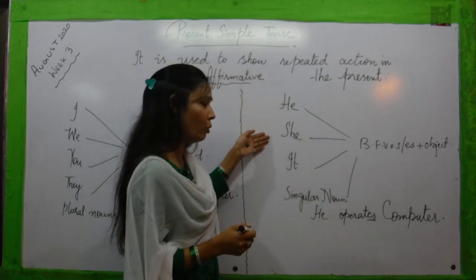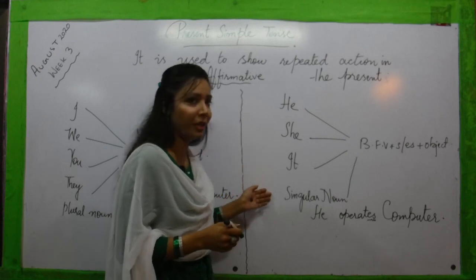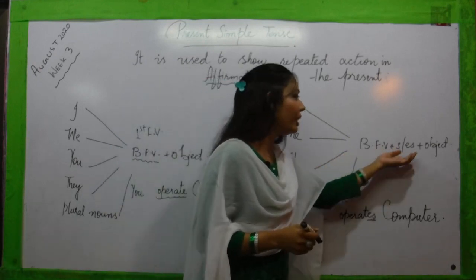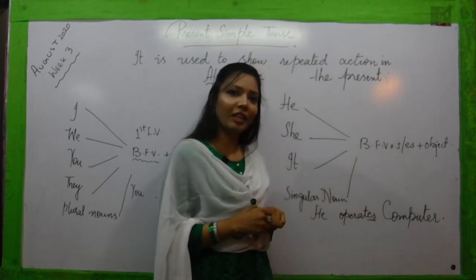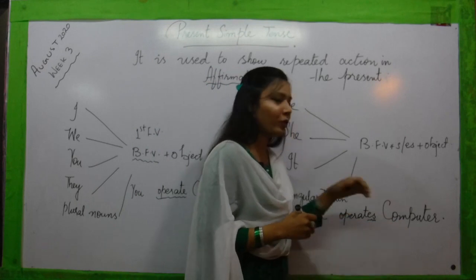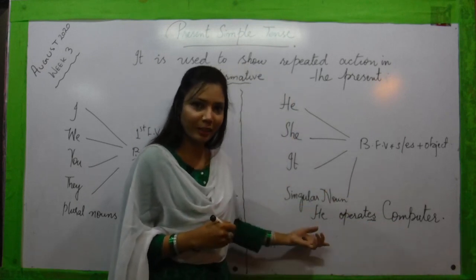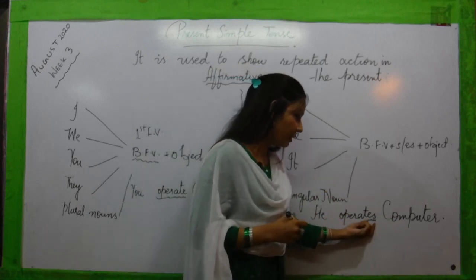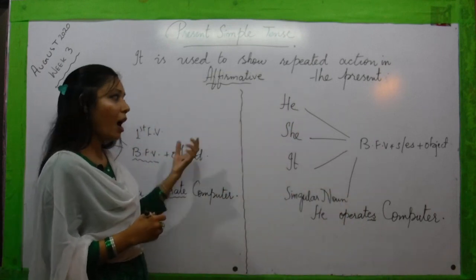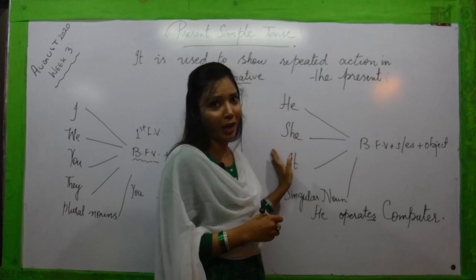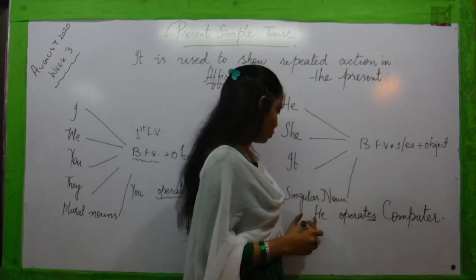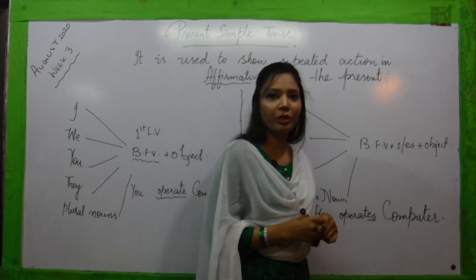When we have these lonely, poor pronouns in the subject, then we support them by adding s or es. And that is how the sentence becomes, he operates computer. This is the only difference: there is no s or es, only the base form of the verb, and with these lonely pronouns in the subject, we add s or es.